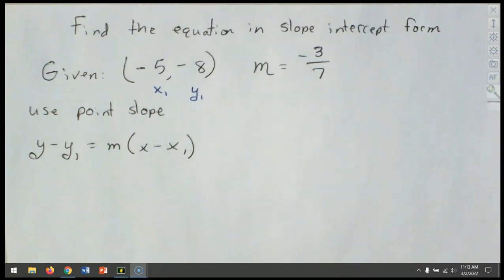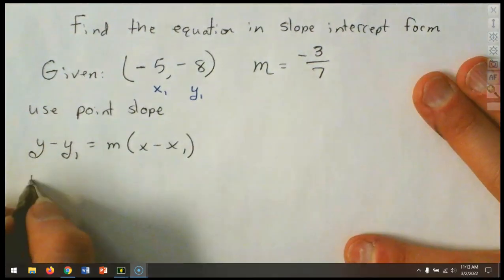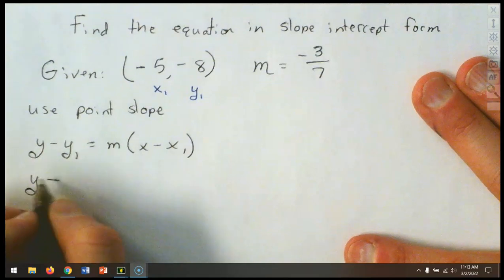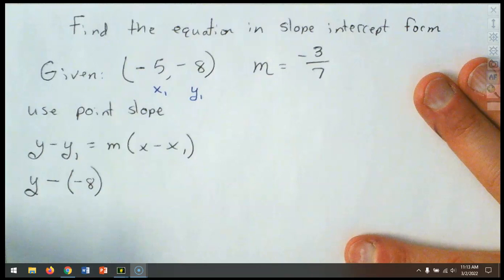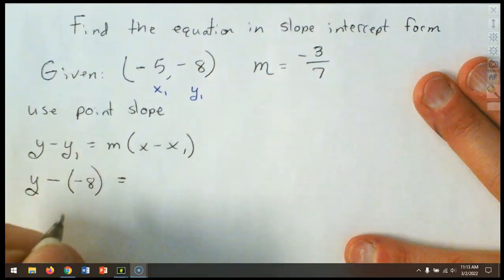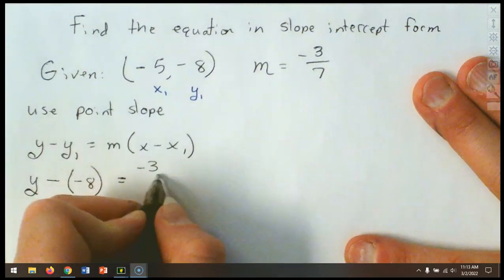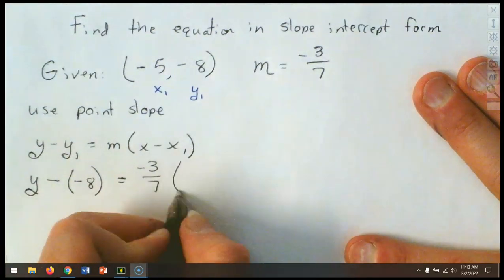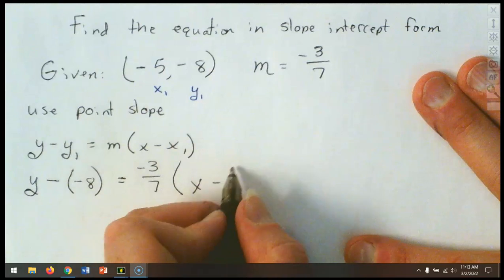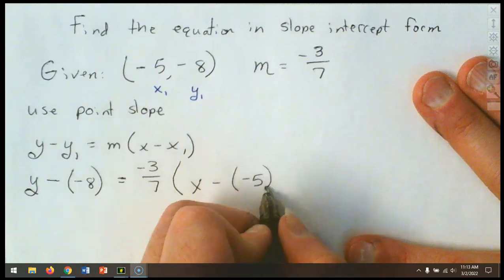So make sure you take your time, fill it in, watch out for the double negatives, and take care of those if they're there. Now we've got y minus a minus 8. So there's the double negative right there. That is then going to equal a minus 3/7 times x minus a minus 5.